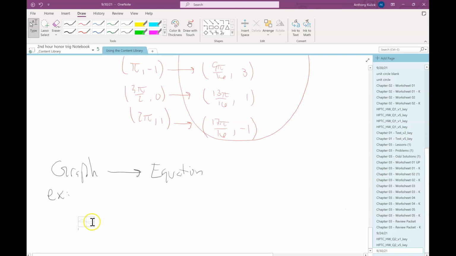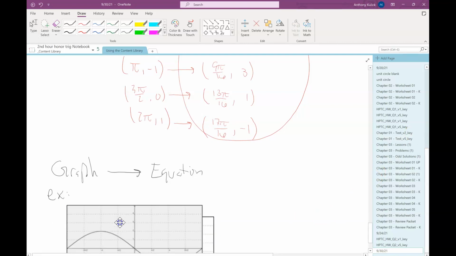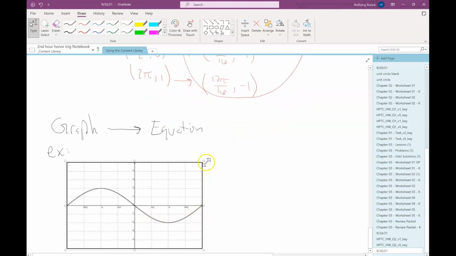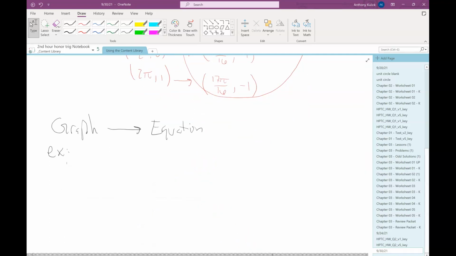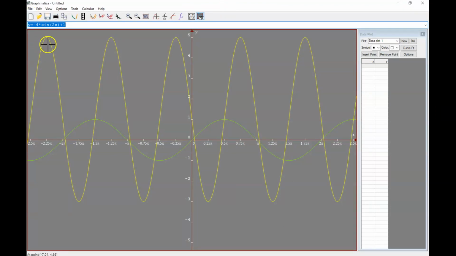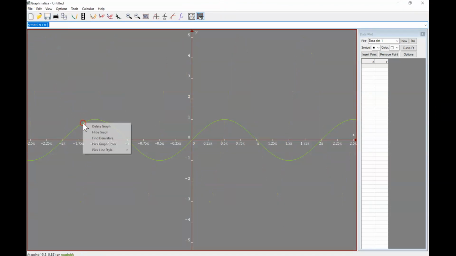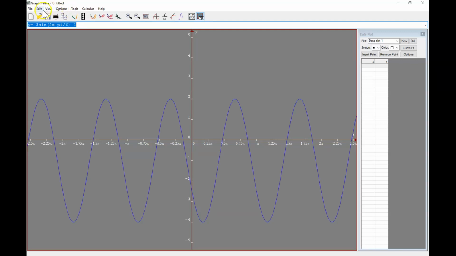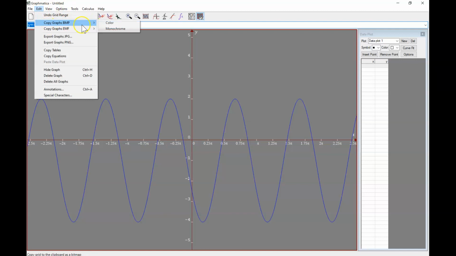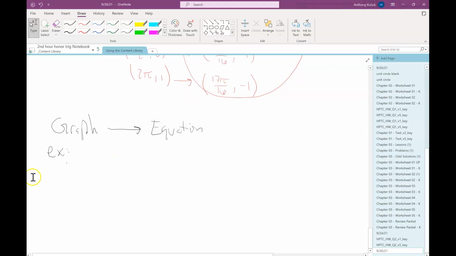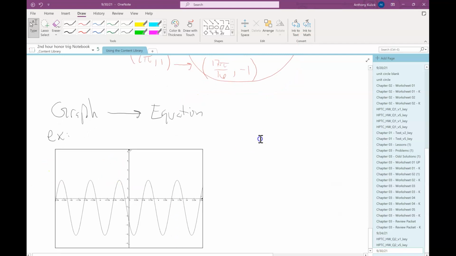Oh my goodness, that is teeny tiny. Make my own. There we go.